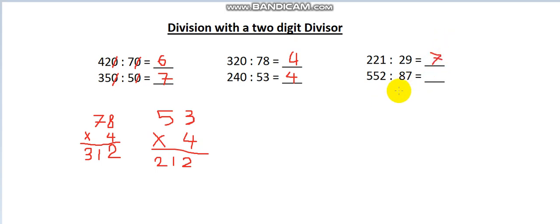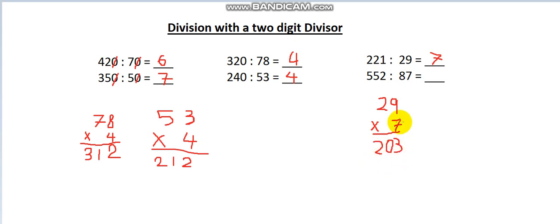Let's test this out. 29 times 7. 7 times 9 makes 63. Right, 3 carries 6. 2 times 7 makes 14. And 6 that I carried over makes 203.